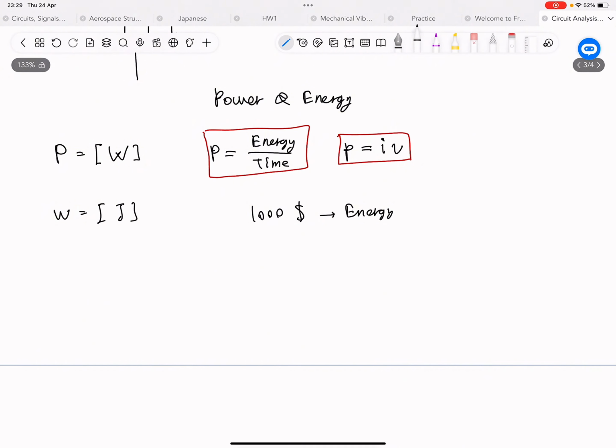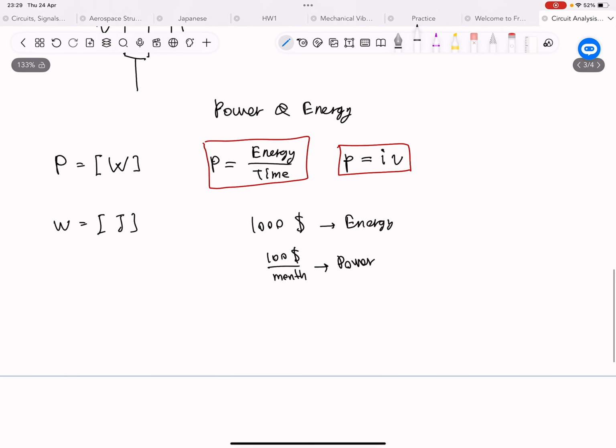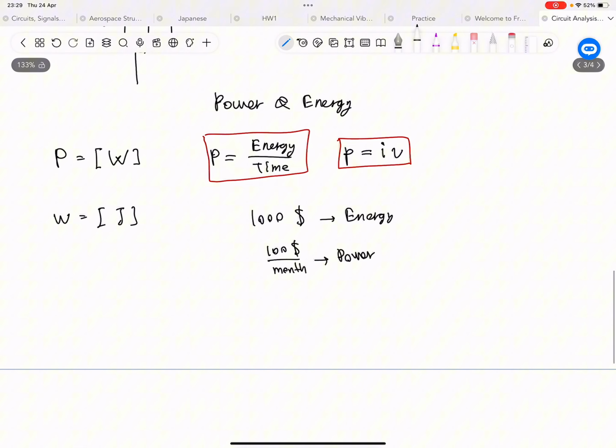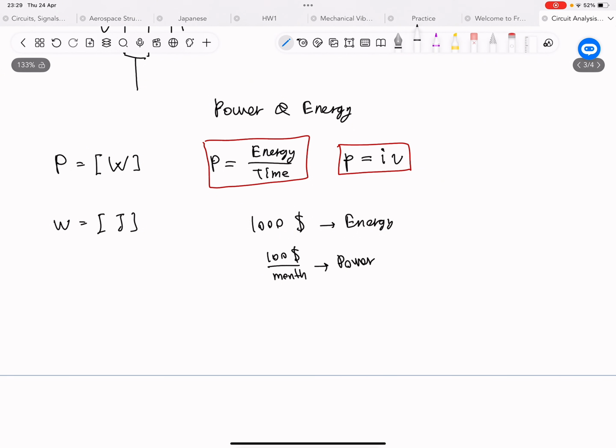And let's say you deposit $100 per month. This is your power, basically the amount of money that you deposit each month. Of course, it can be per day, but in this case, let's say it's per month. So this is basically what energy and power is, in simple words.